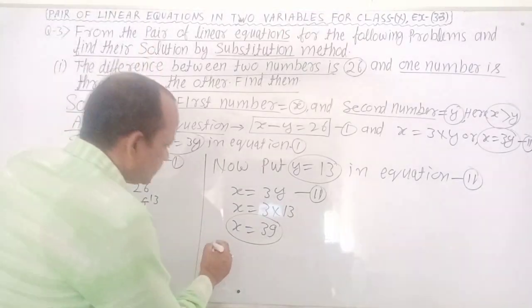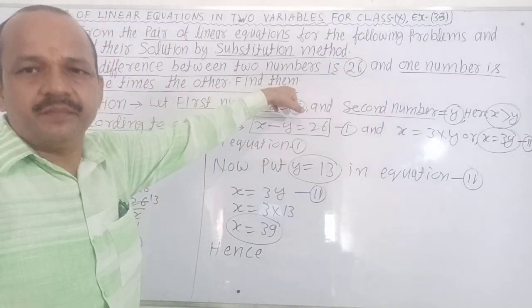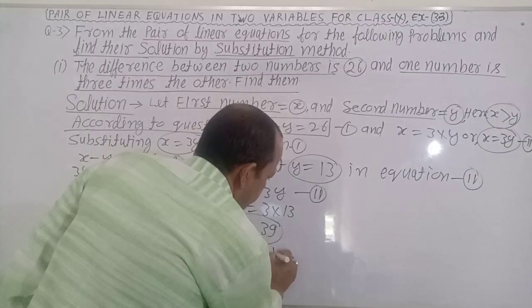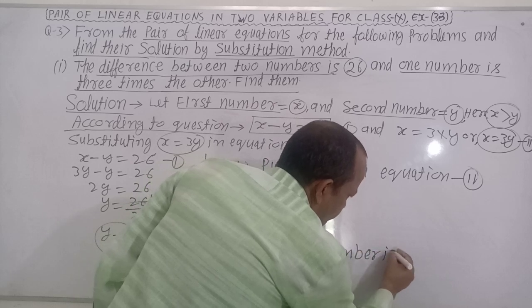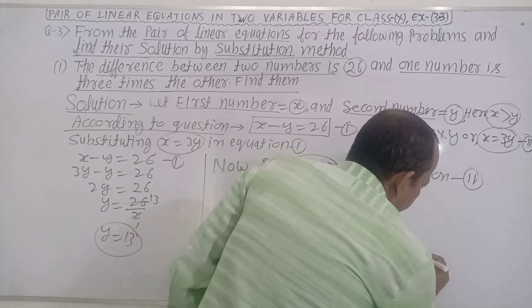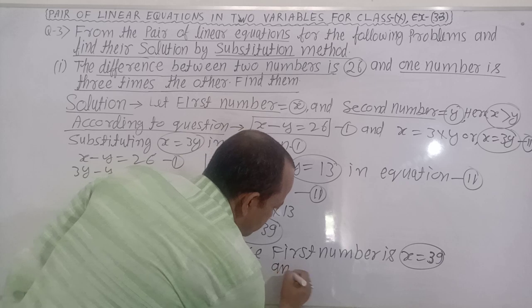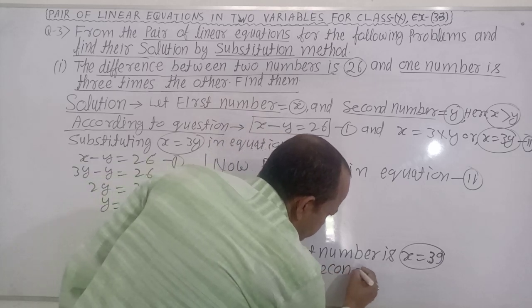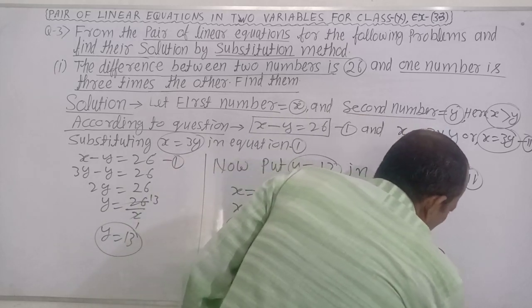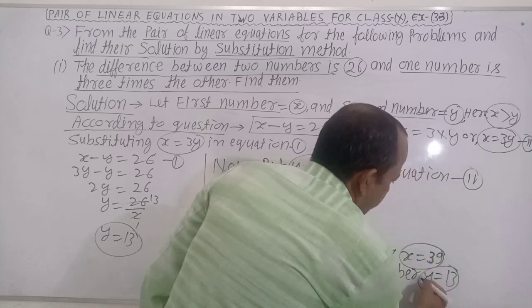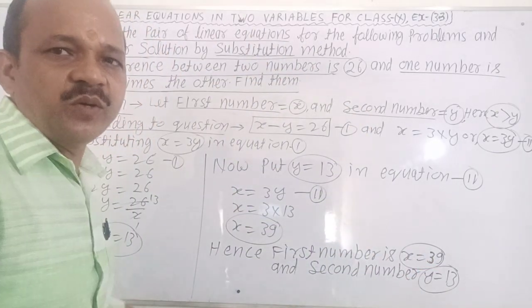Hence, the numbers are found. First number is x equal to 39 and second number is y equal to 13.